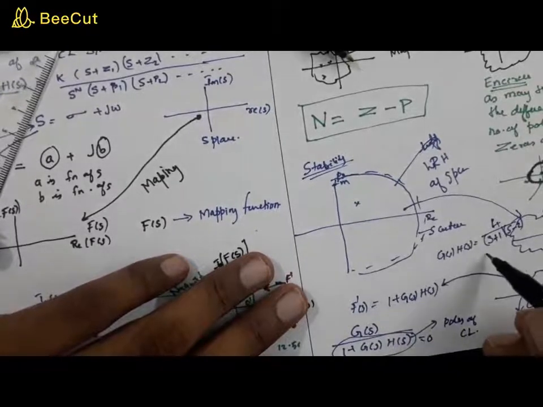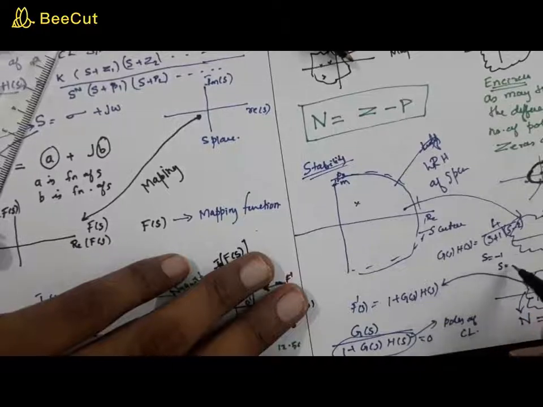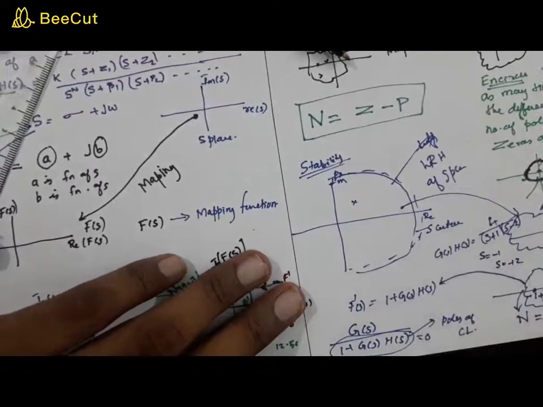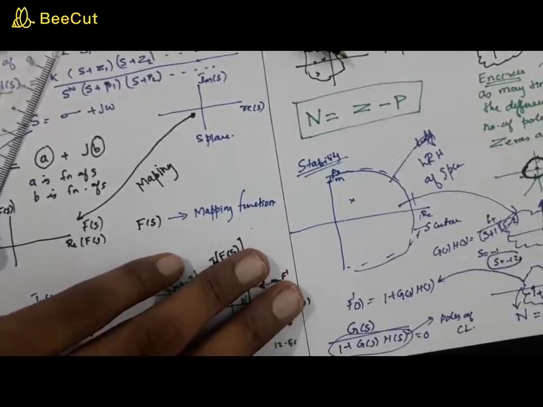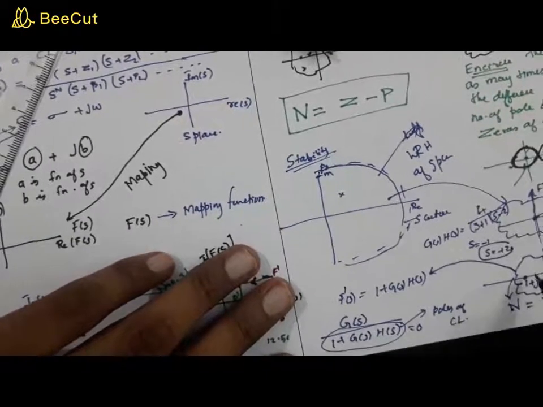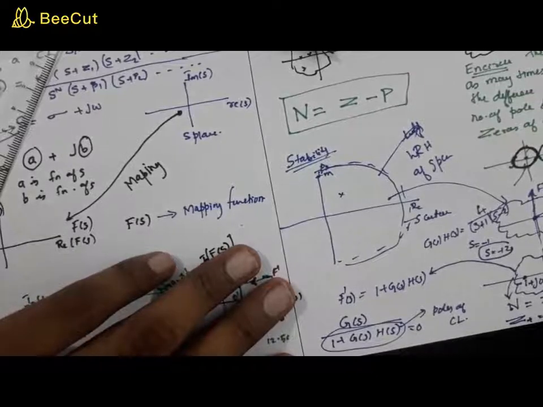You know how many poles you have? You have open loop poles at s equal to -1 and s equal to plus 2. P plus means the number of poles at the right half. So the number of poles at the right half is 1. You will get this information from the question. This information you will get from the plot. From that you will be able to understand what is Z plus.